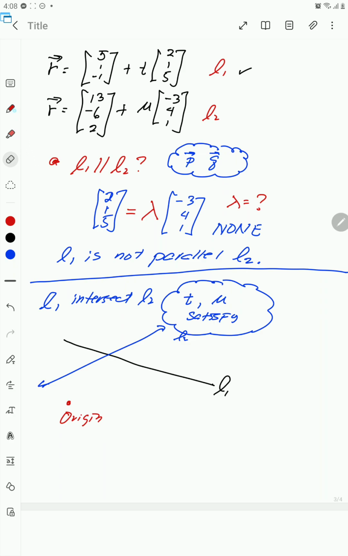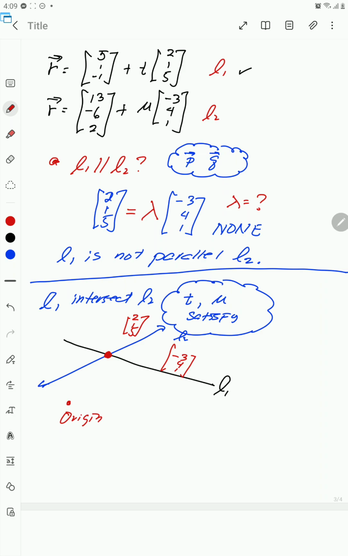Now, if these two lines intersect, then this point will be common to them. Line 1's direction is (2, 1, 5), and the direction of line 2 is (-3, 4, 1). Just for us to visualize.